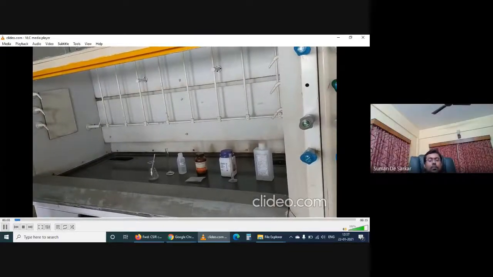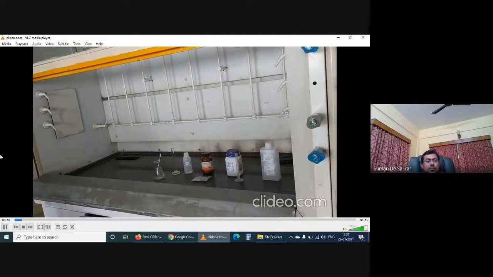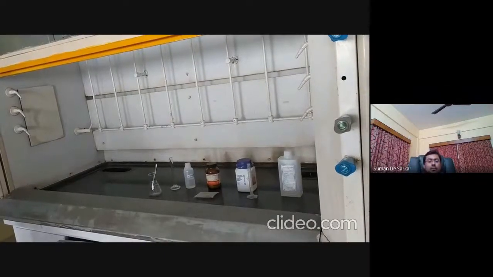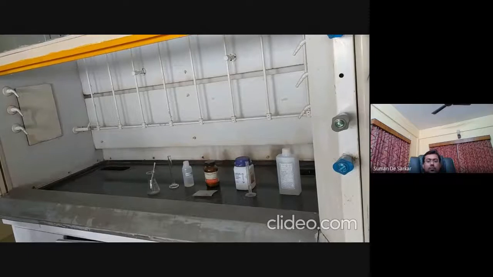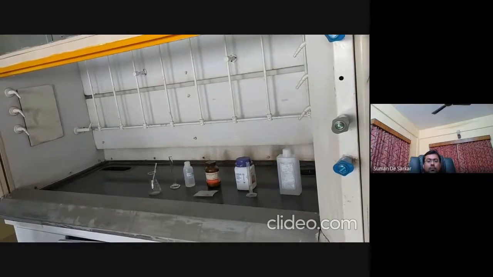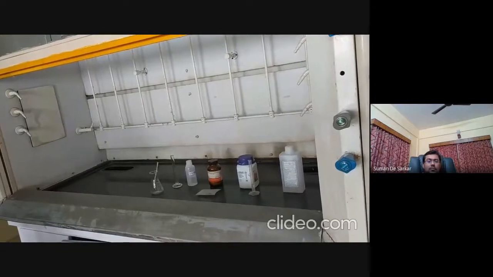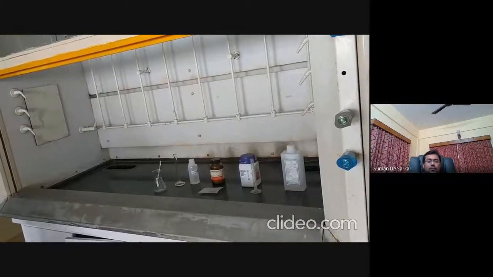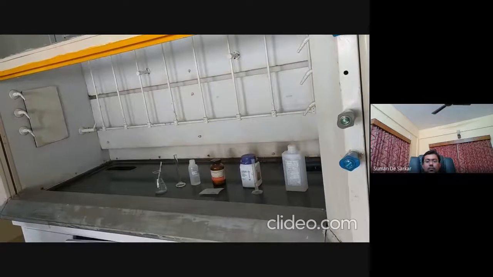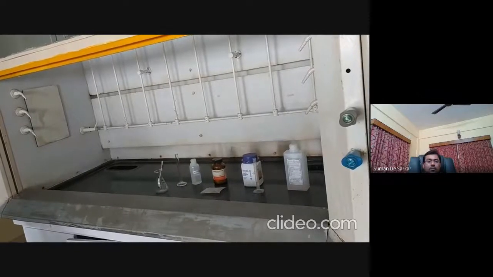Perfect. So today we are going to synthesize indigo from orthonitrobenzaldehyde. So orthonitrobenzaldehyde and acetone will undergo a condensation reaction in the presence of sodium hydroxide and make indigo.